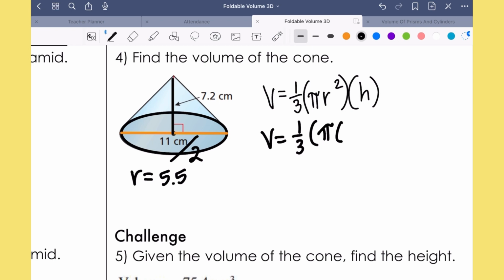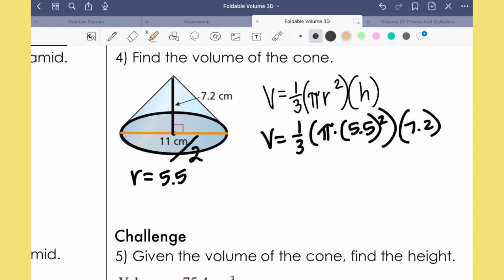Pi times my radius, which is 5.5 squared, times my height, which is 7.2. Okay. So I plugged in numbers here and here, just two numbers.